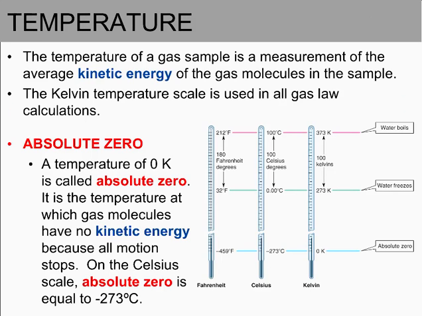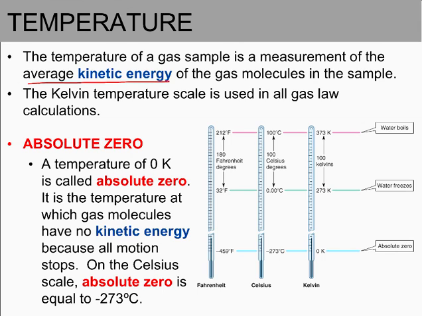All right, now the other thing we need to talk a little bit more about is temperature. We did talk about temperature a few chapters ago, but just to review, the temperature of a gas sample is a measurement of the average kinetic energy of the gas molecules in the sample.